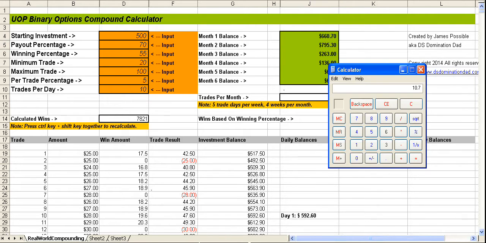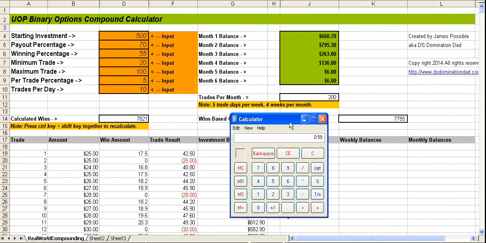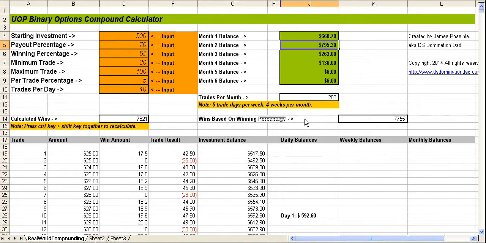So let's look at that. 795 minus 500 equals 295 divided by 500. That's a 60% or 59% rate of return on your money. So if you stop right there, you're ahead of most people. But that's not why you're in this game, right? You're in this game to continue to build your investment.